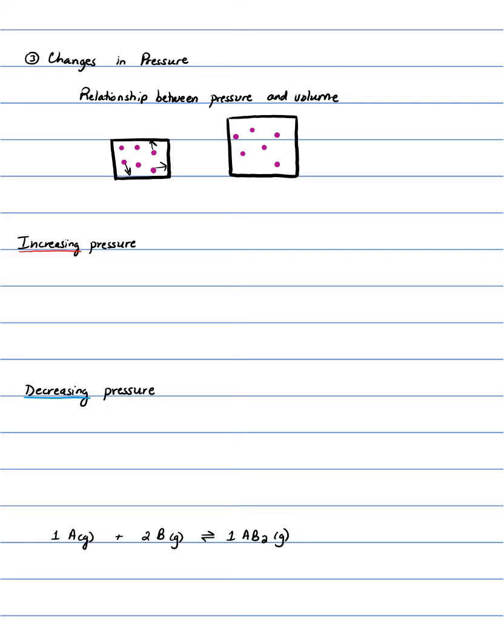So the pressure will be higher on the box that you have on the left. The reason is that you have a smaller box, so the number of collisions that you will have with the walls of that container is going to be higher. You have a smaller space, your particles are moving around all the time, and you will have more collisions. So the pressure will be higher in this box.